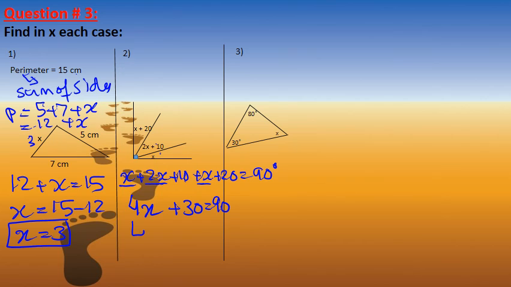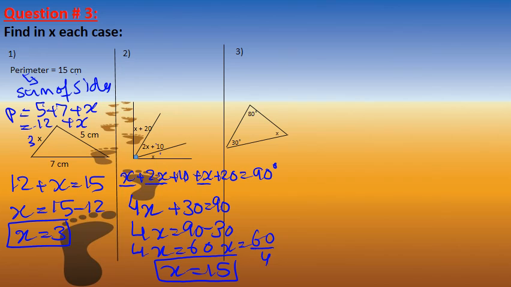So this is also an equation. 4x is equal to 90 minus 30. Then 4x is equal to 60. This is a simple equation. X is equal to 60 over 4. Then x is equal to 15.